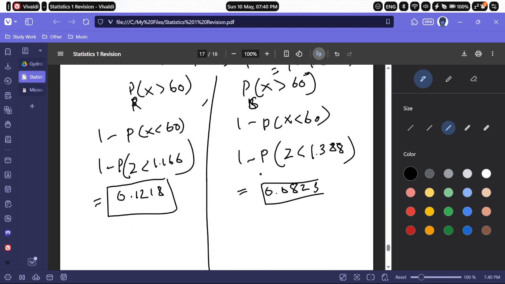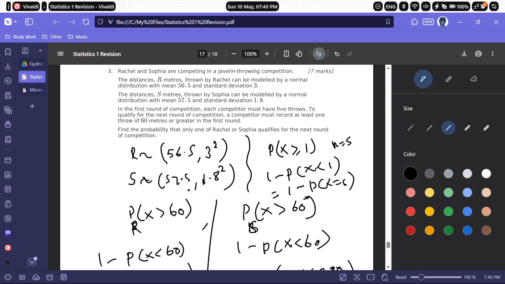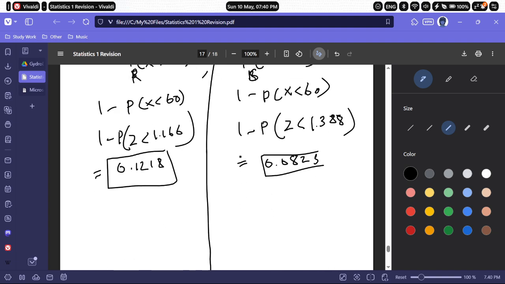So that's your binomial for both. You have to find the probability for both that they record at least one throw of 60 meters. That's what you're trying to find out.